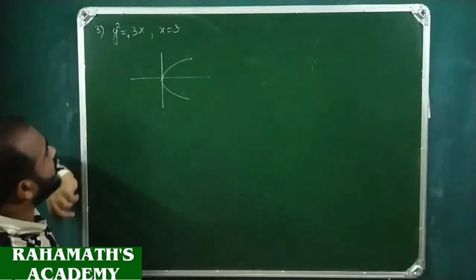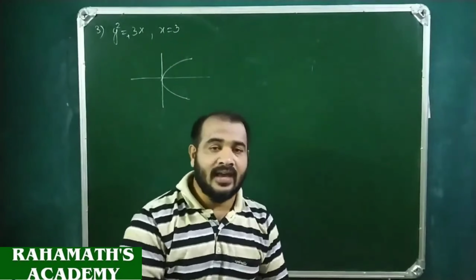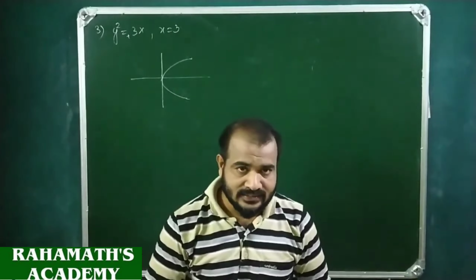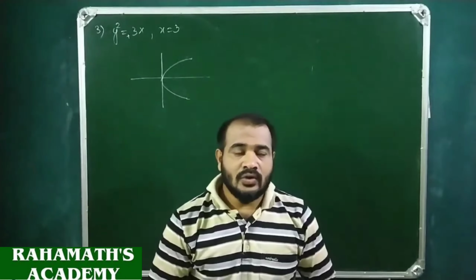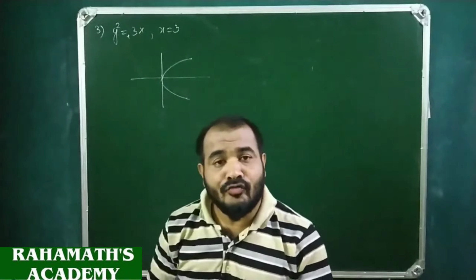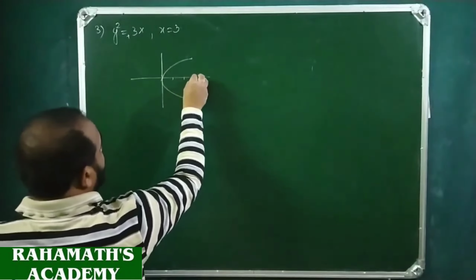So this is y square equals 3x, and x equals 3 is of the form x equals k. X equals k is the line which is parallel to the y-axis, which we have learnt in the straight lines chapter. So x equals 3 is the vertical line parallel to the y-axis. So this is 0, 1, 2, 3.